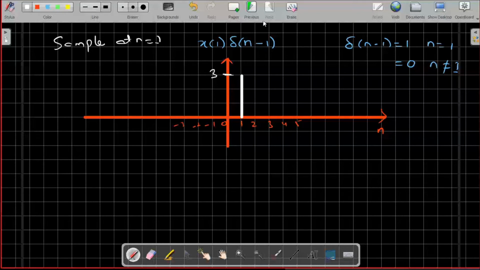Similarly, can you represent the sample at n is equal to 2? What is the amplitude at n is equal to 2? That is minus 2. Simply you can write it as x of 2, which is simply the constant we need as a function in terms of impulse.